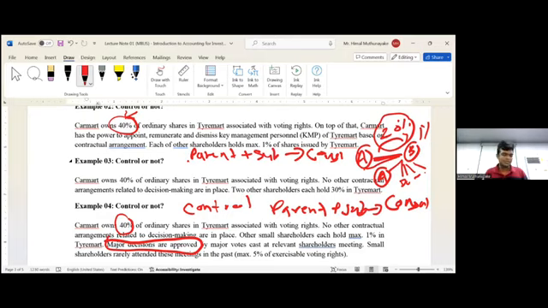If you get it wrong at the beginning, your accounting treatment will be wrong, and then you will lose all the marks, all the 30 marks or 25 marks. Any questions before moving to the other part?